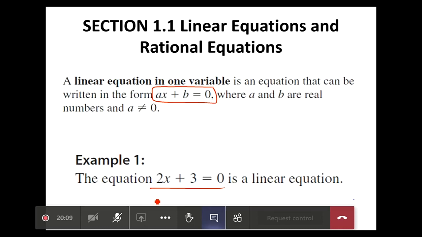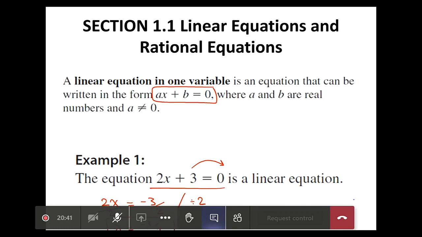We solve it by moving positive 3 to the other side, so we have 2x equals negative 3. Now the coefficient of x equals 2, so we must divide by 2. After dividing by 2, we have x equals minus 3 over 2.